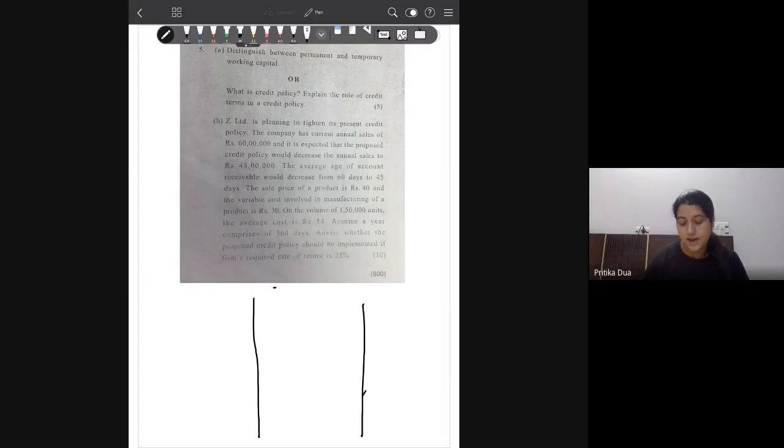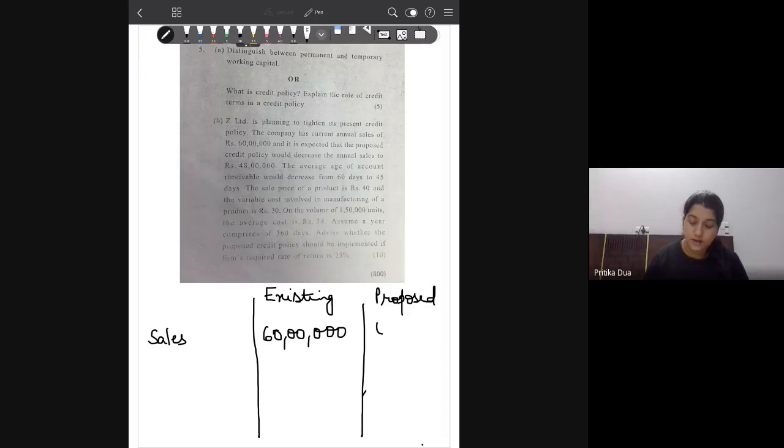One is the existing credit policy, and you have the proposed policy. Now, under the existing policy, the sales are 60 lakh, while they will be 48 lakh under the proposed policy.